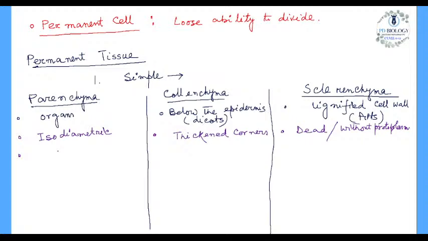So the walls are thin and made up of cellulose in parenchyma.